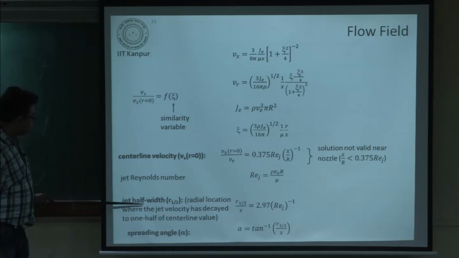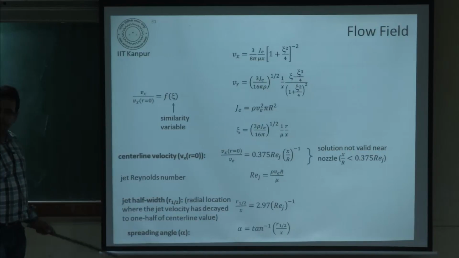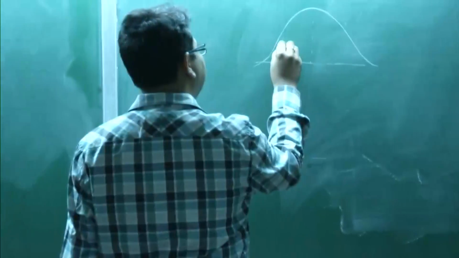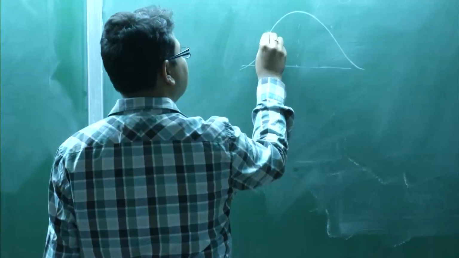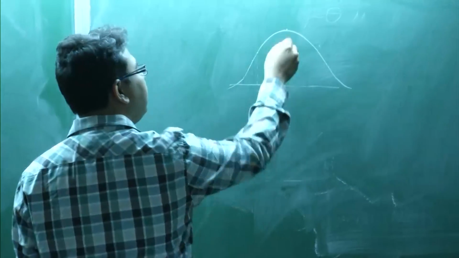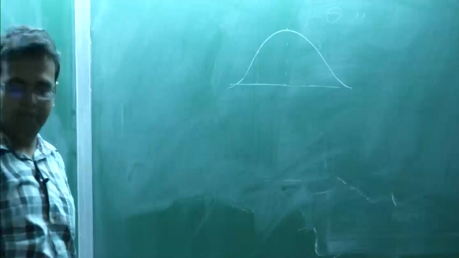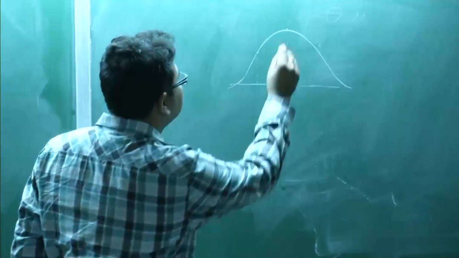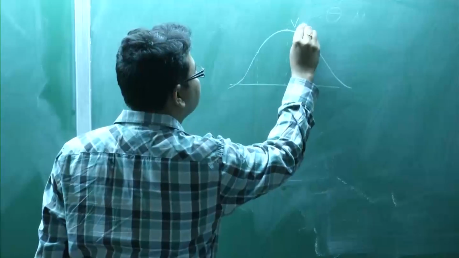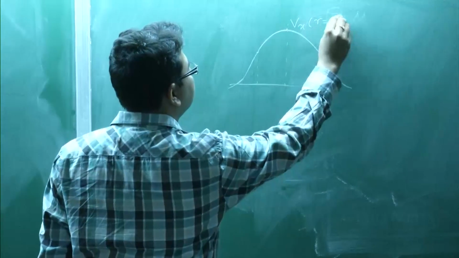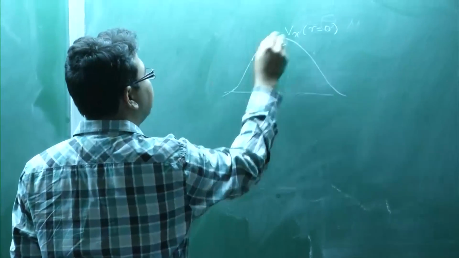Now we can define some other parameters like the jet half width. Suppose you have a jet here. Half width is the radial distance where the axial velocity becomes 50% of the center line velocity. So here this is the center line velocity Vx at r equal to 0, and here it will become 50% of this.